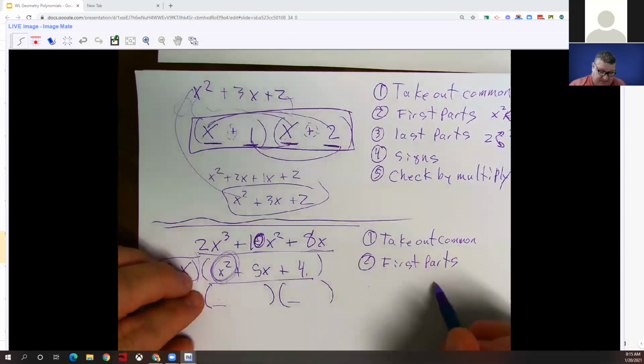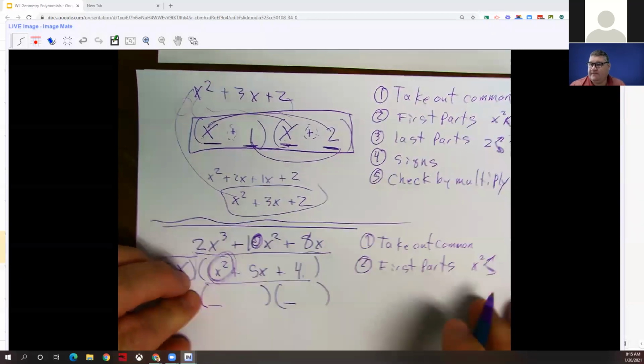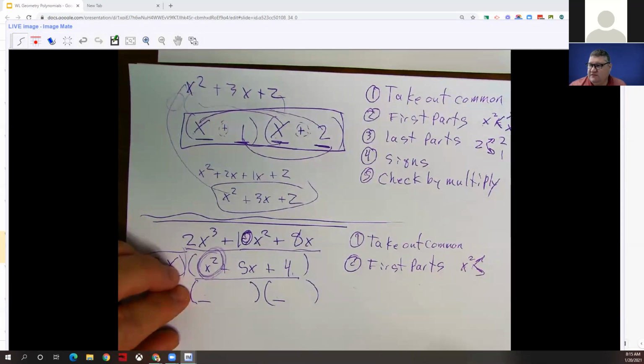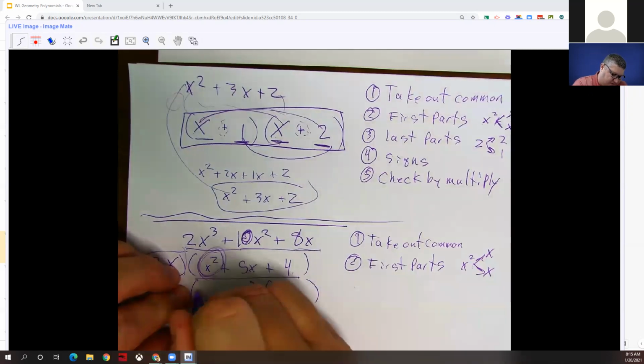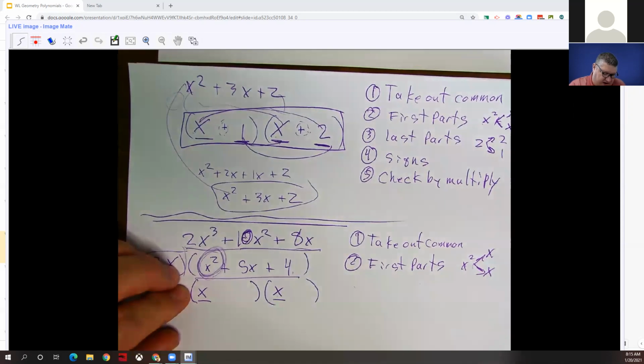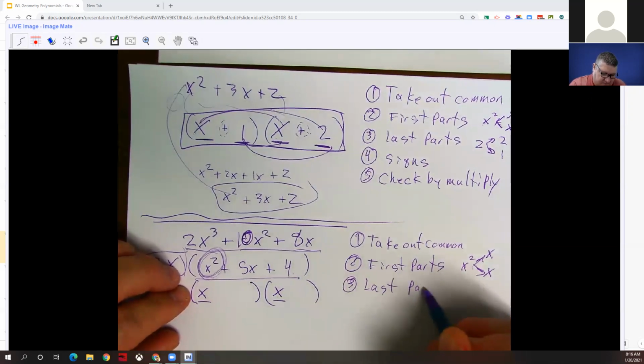How do I break up x squared? The only 2 things that multiply together to make x squared are x and x. Very good.